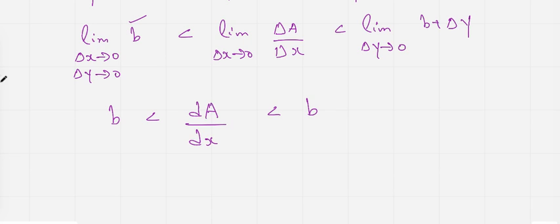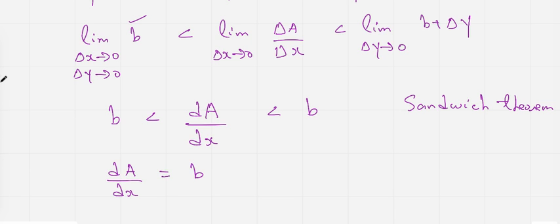So now, according to your sandwich theorem, if your upper bound and the lower bound are the same, then this reveals that the corresponding parameter is equal to that value.